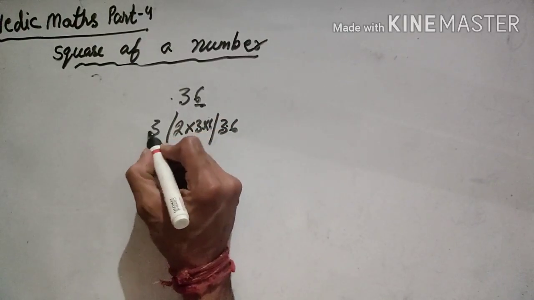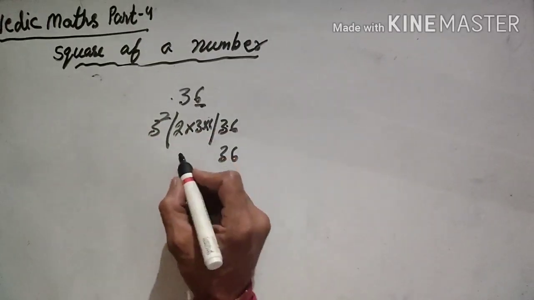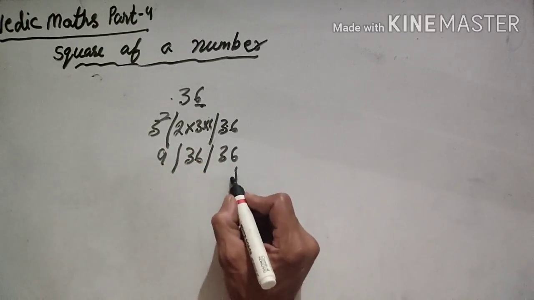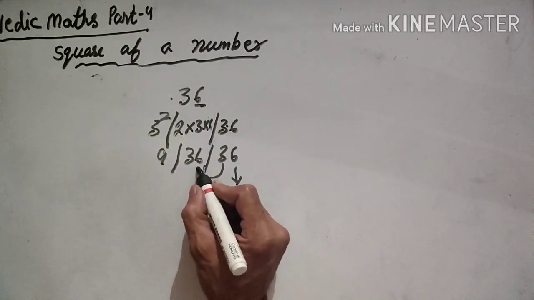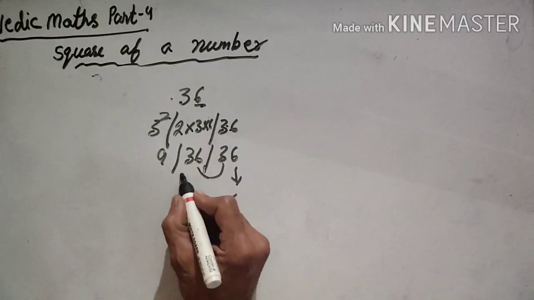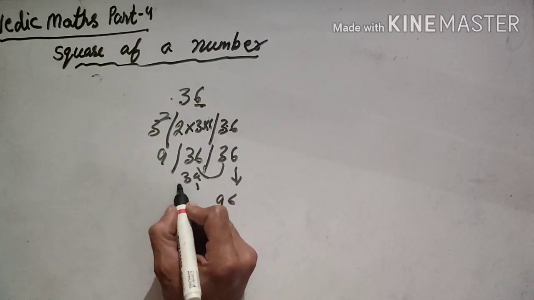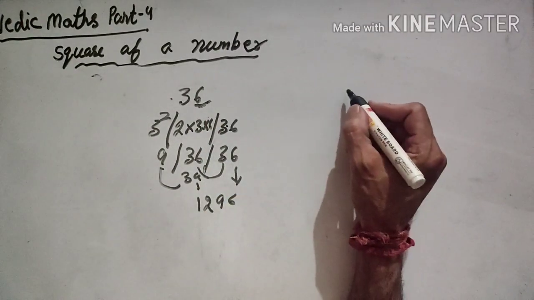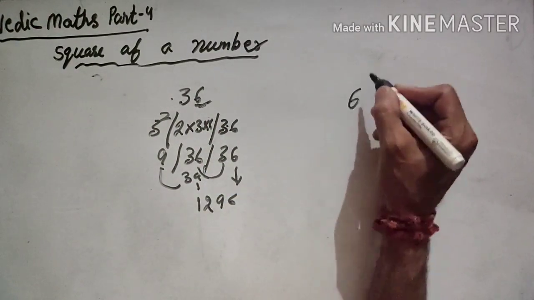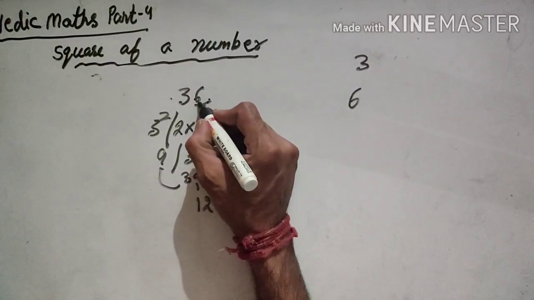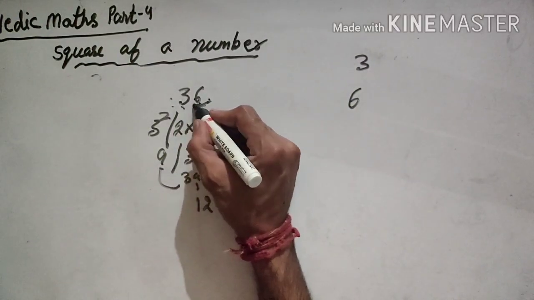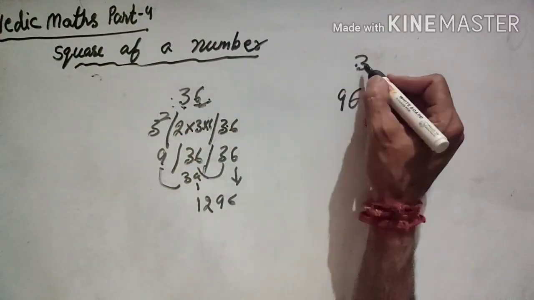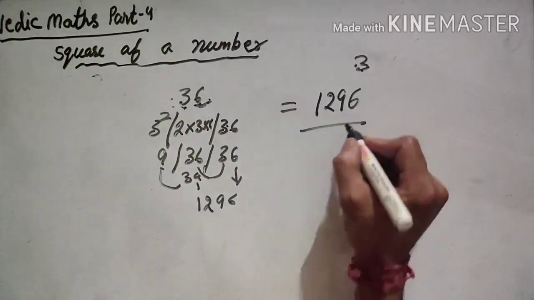Then square of 3. 6 square is 36, 3 carry. 2 into 3, 6 6s are 36 plus 3, 39. We take 9, 3 carry. 3 square is 9, 9 plus 3 is 12. 1296. This is short.